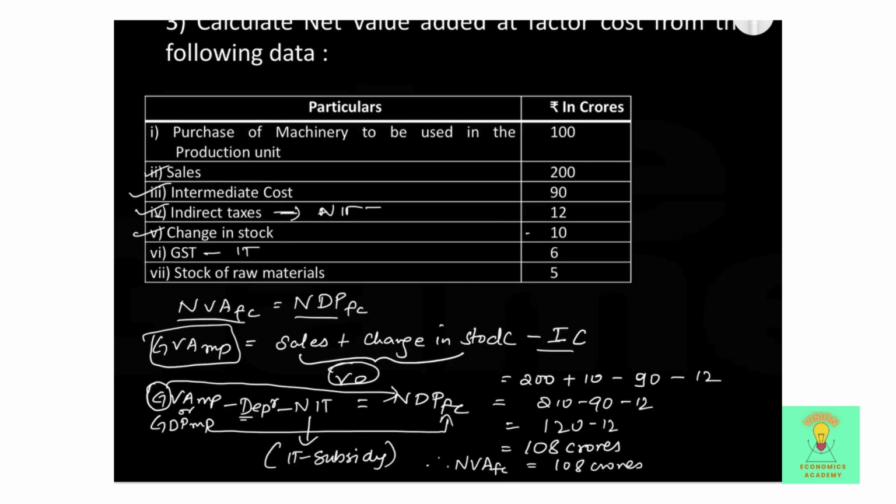So sales plus change in stock gives us value of output minus intermediate cost. Then once we have derived GVAMP, from gross to net we have to subtract depreciation, and from market price to factor cost we have to subtract net indirect taxes. So we did that and we got the answer as 108 crores.